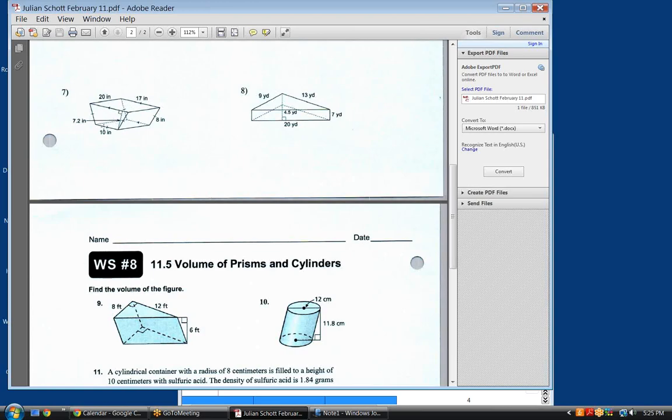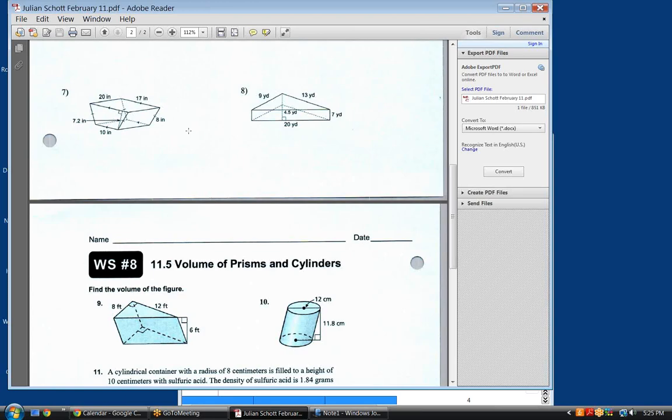And it is. It's 10 inches, and this top base is 20 inches by 17 inches. That's weird. So it's not a prism from the top to bottom. If I were to slice this horizontally, I'm not going to see the same rectangle.